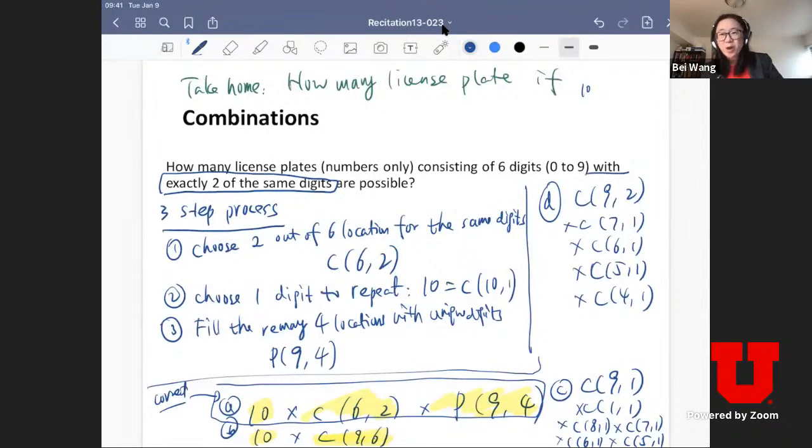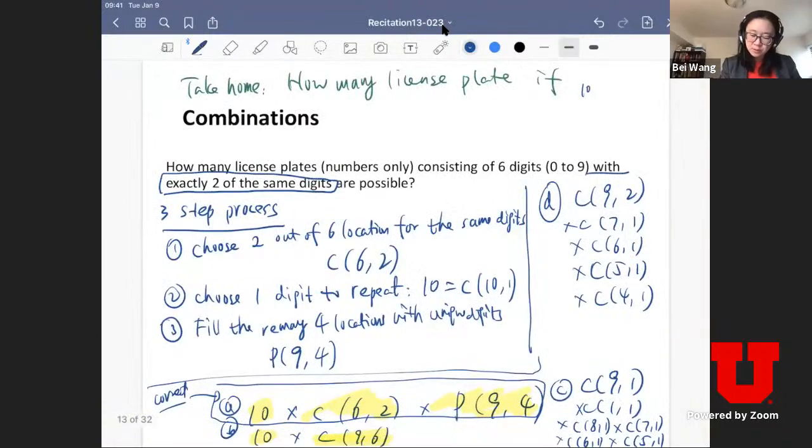Your way of thinking makes it slightly more complicated, but the intention of this problem is that you only have 2 digits out of the 6 digits that are the same, and the rest have to be different. That's how this problem should be. This is a good question, and hopefully when we are creating our exam, we will be very clear what we mean by this.